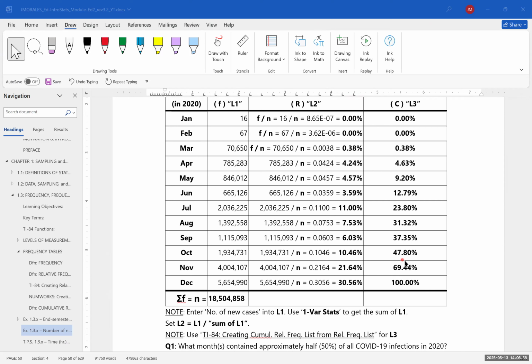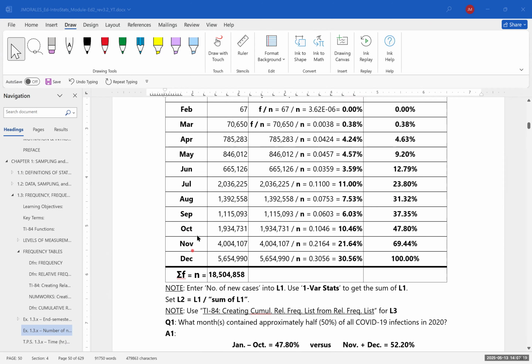If we include all of October and every month previous to that, that's a cumulative relative frequency of 47.8. That's almost 50%. So almost half of all COVID-19 infections took place from January to October. And the other half of all cases happened in just November and December, all by itself.